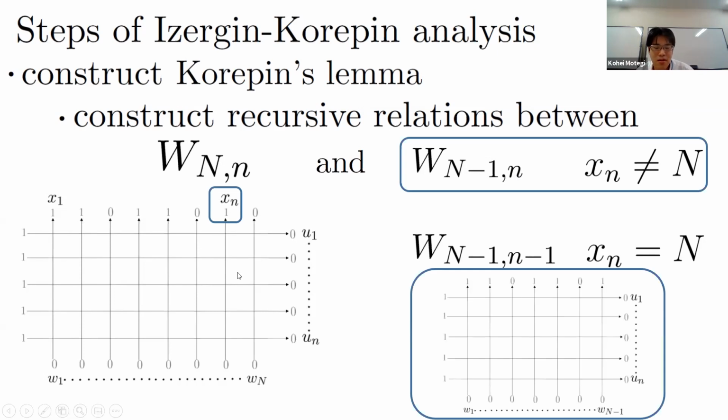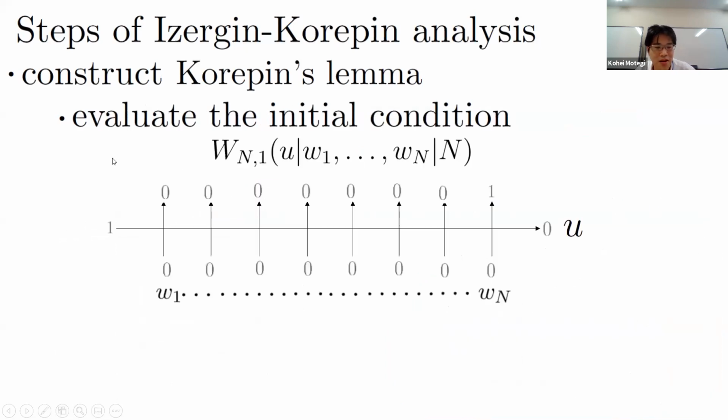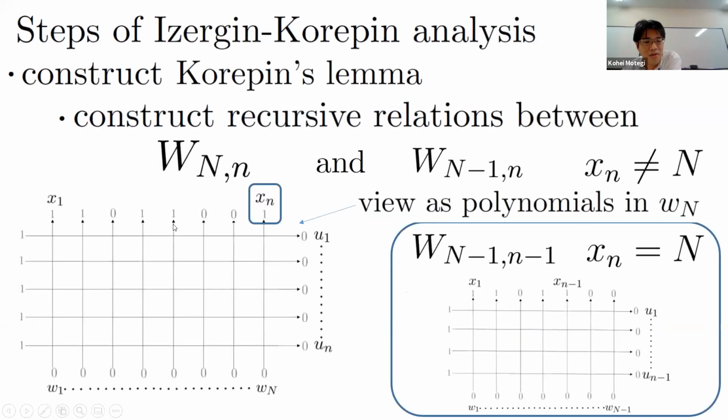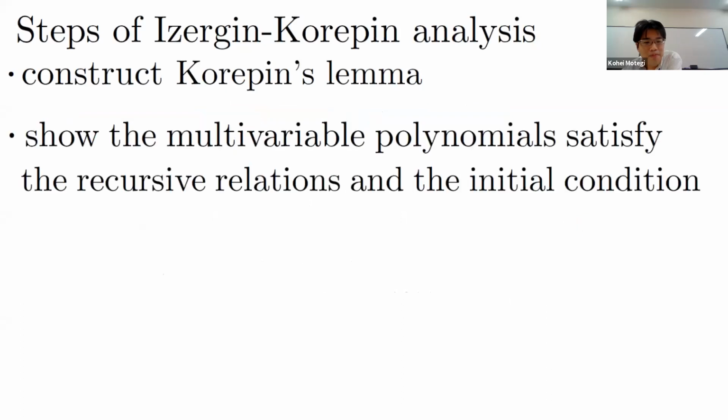And we have to construct a recursive relation, and what you actually have to do is you also have to figure out what the initial condition is. And this kind of partition function corresponds to the initial condition of the recursion relation. And I will explain these things in detail later.